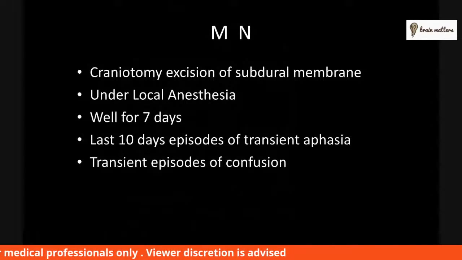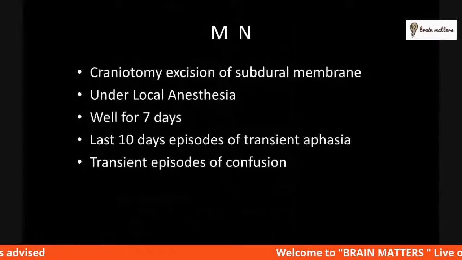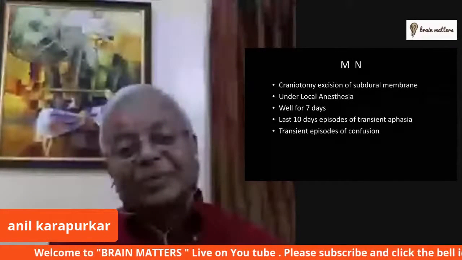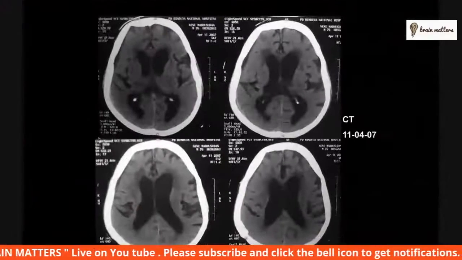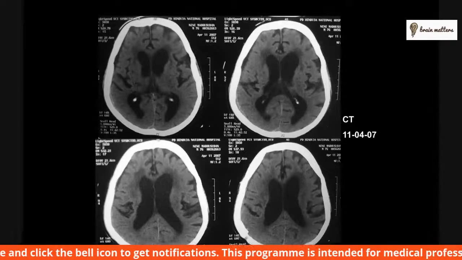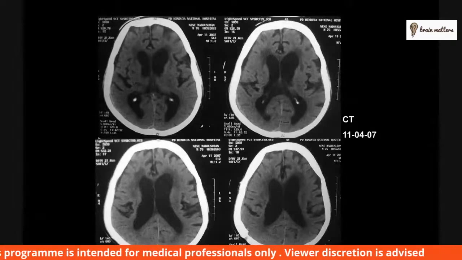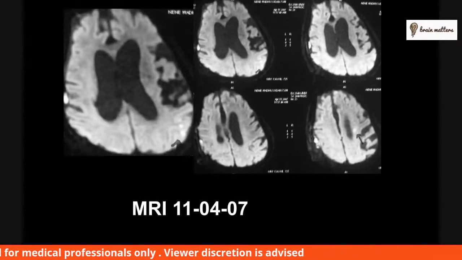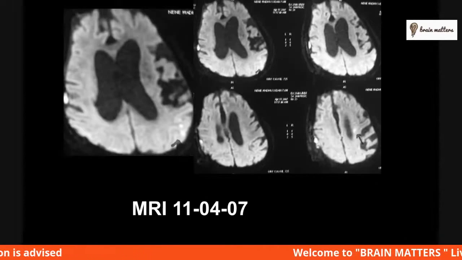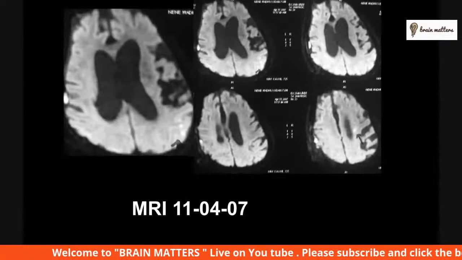He improved a little bit, but he again started deteriorating, and 10 days later started getting episodes of confusion and aphasia. So this is a new CT which showed that the subdural was almost gone. There is no subdural now, maybe a thin rim in the frontal area. And the MR also showed just a tiny infarct on diffusion on the left side.